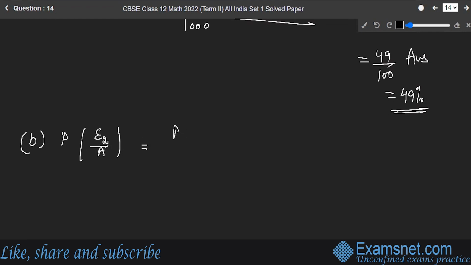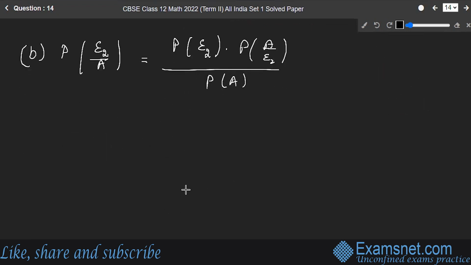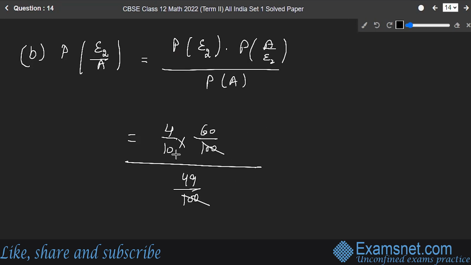So this is probability of E2 multiplied by probability of A given E2, divided by the probability that the seed will germinate. That is equal to 4 upon 10 into 60 upon 100, and the probability the seed will germinate we just calculated in the last part: 49 upon 100. So this 100 and this 100 will cancel, and you have 24 upon 49 as the answer to the B part. Hope you have understood that well.